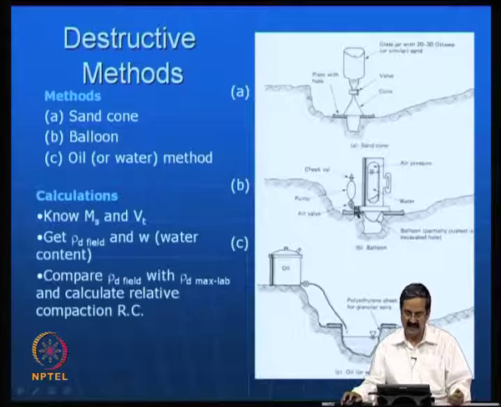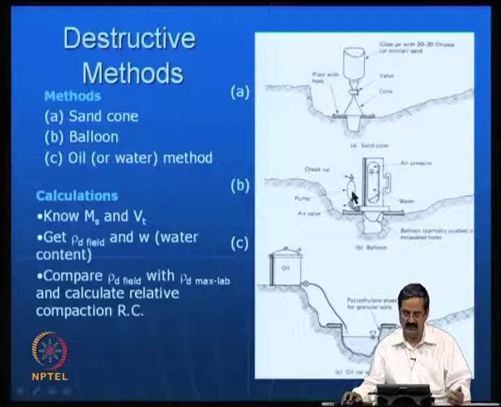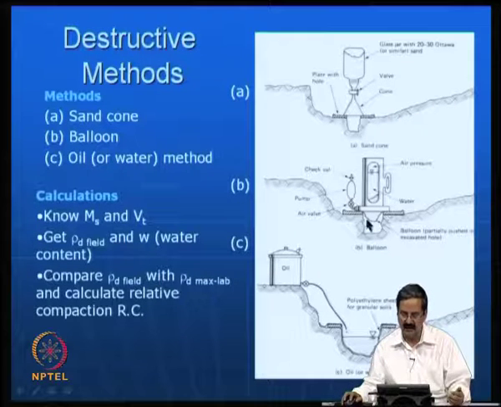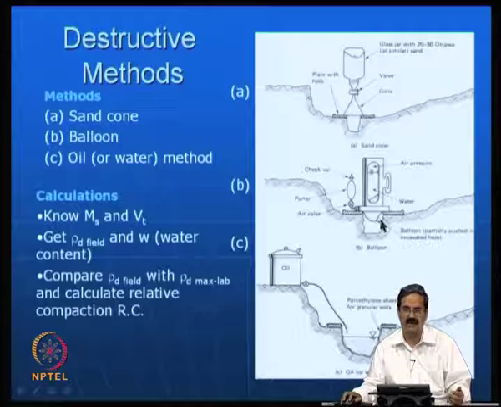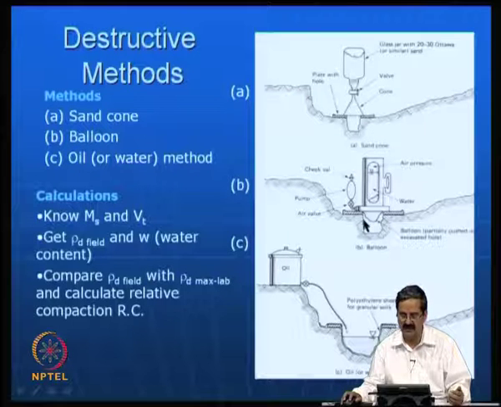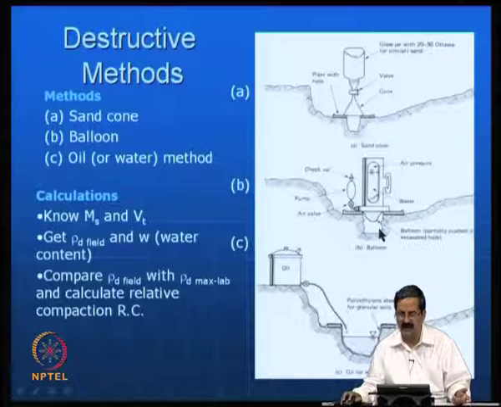Then the second case is what people call the water balloon or oil balloon. One can find out that the balloon can fit into the shape, and then you try to find out how much volume change there is, and based on that you calculate the volume of the particular cut you have made and also the corresponding bulk density. Once you know the weight of the soil that is removed and also its volume, you will know its bulk density, and you can also take some material for water content.